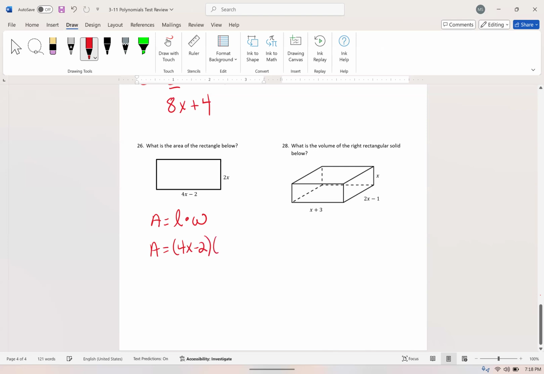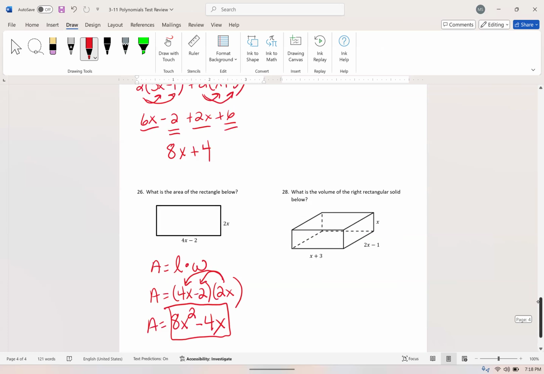Our width is 2x. So you have a monomial times a binomial. You are using the distributive property when you do that. So 4x times 2x is 8x squared. 2x times negative 2 is negative 4x. So this is the area of that rectangle.